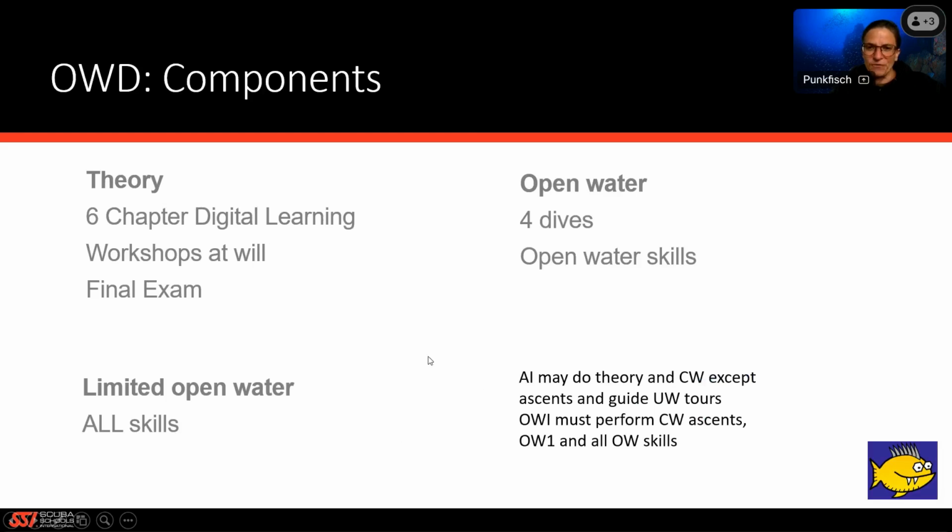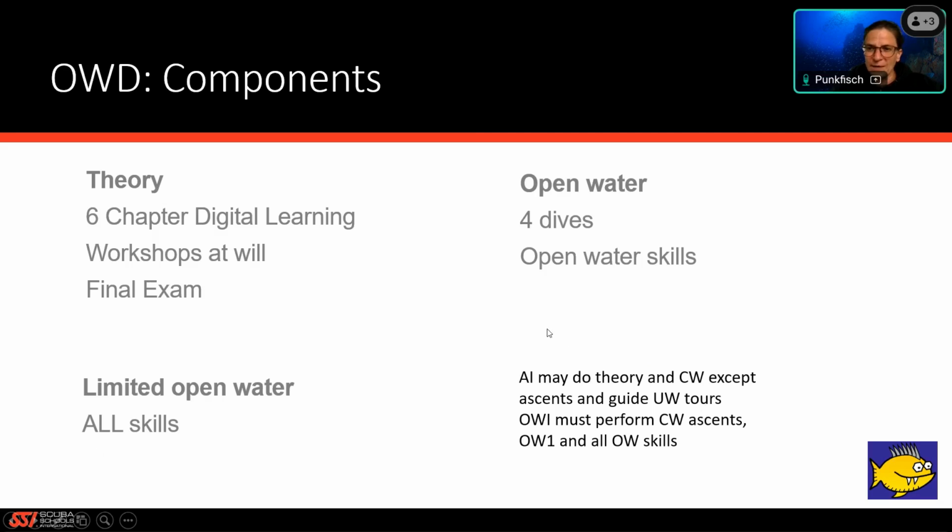We have a nice division for what an assistant instructor can do. So basically, Diana, with one more micro teaching tomorrow, will be able to do a big part of the open water course already. An assistant instructor is allowed to do the whole theory and nearly the whole confined training.